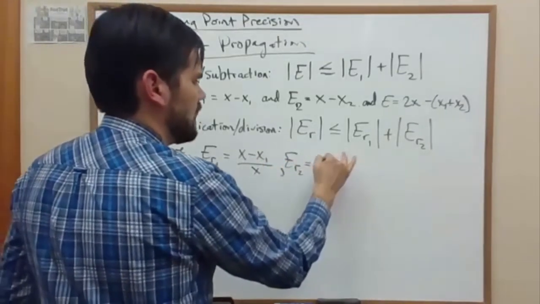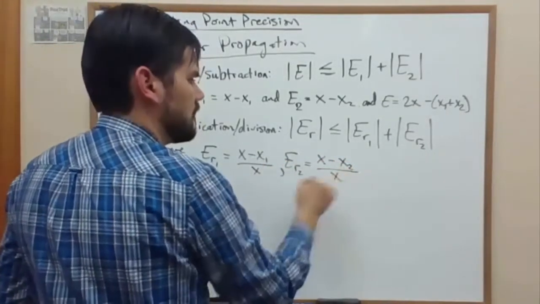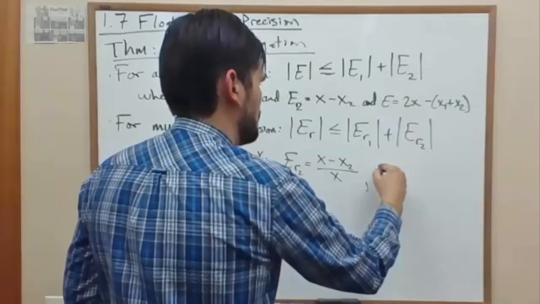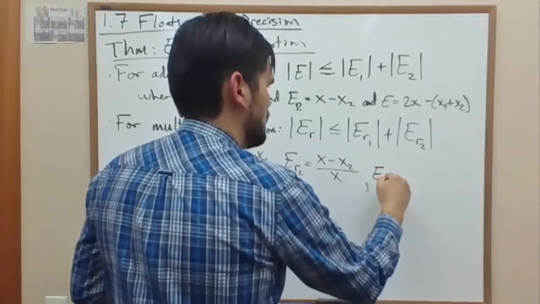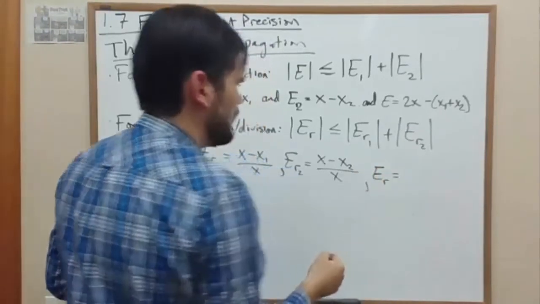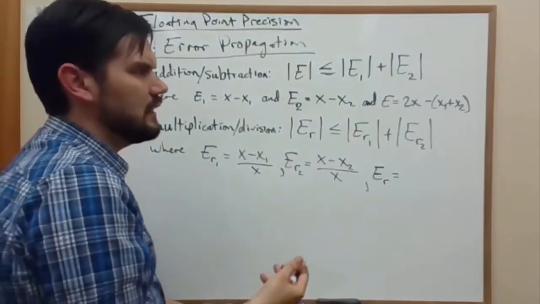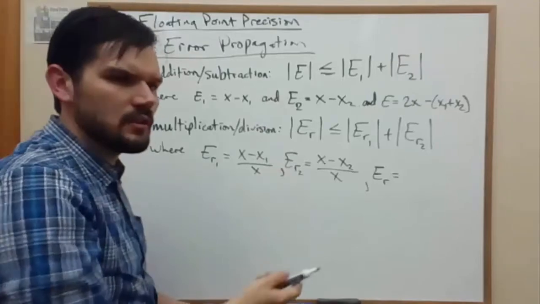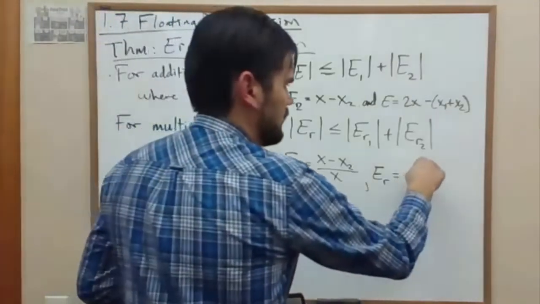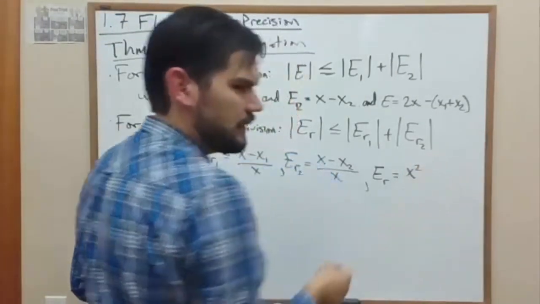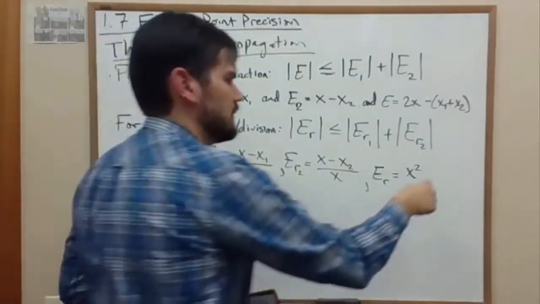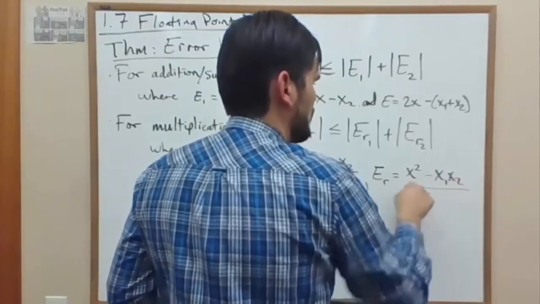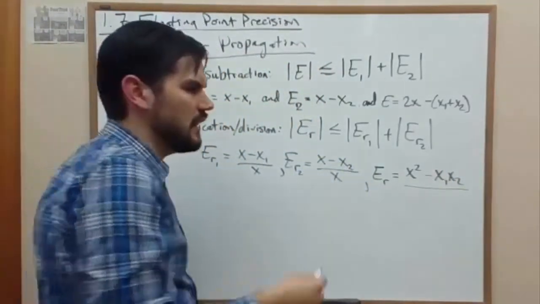ER2 would be x minus the second approximation divided by the true value x. And of course, the relative error itself is the error in multiplying the two numbers together. Now in this case, they're both x, so the true value should be x squared, but instead we get x1 times x2. And to get a relative error, we divide by the true value.